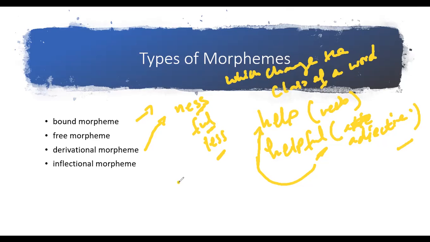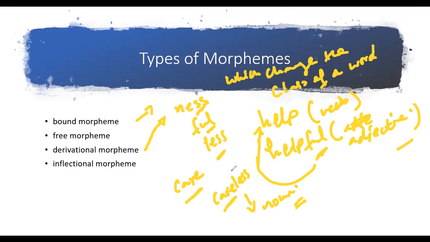So if I write "care" over here, this is a verb. I care for you. And if I add "less", the bound morph "less", to the free morph "care", it becomes a noun. So what does that mean?